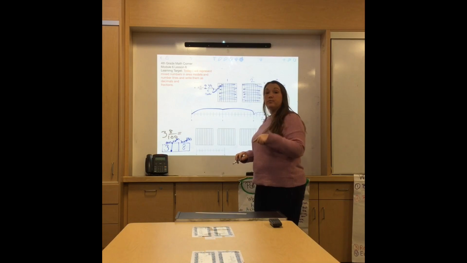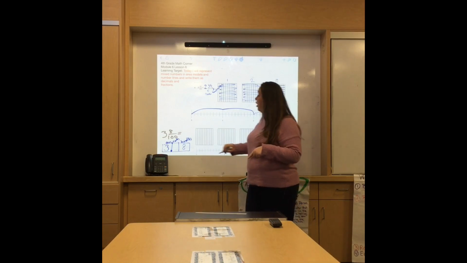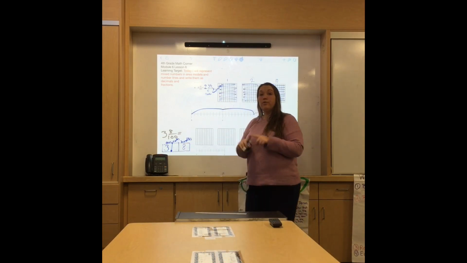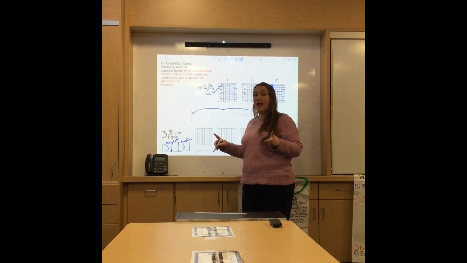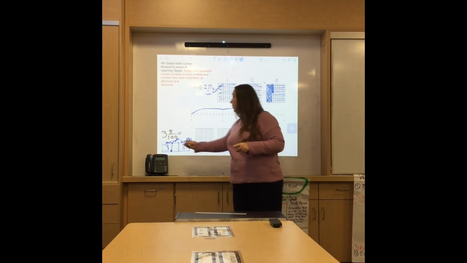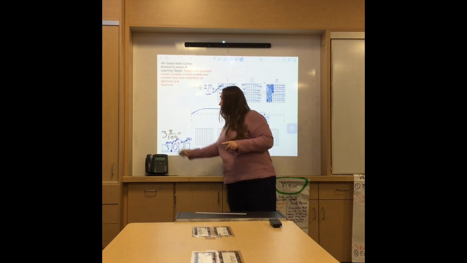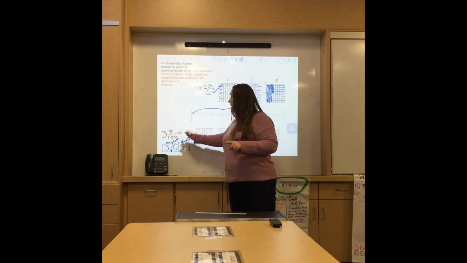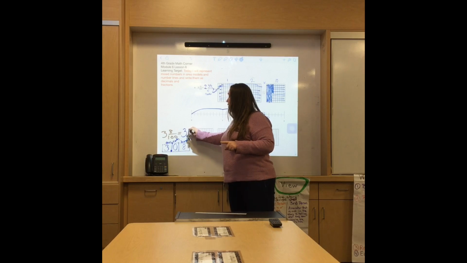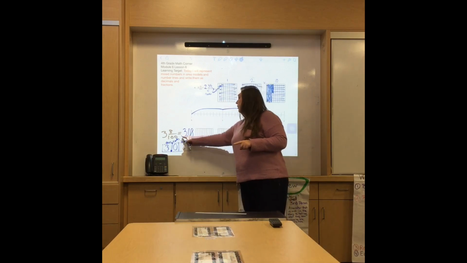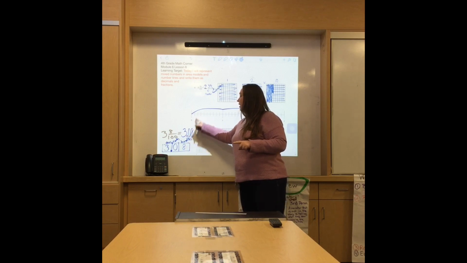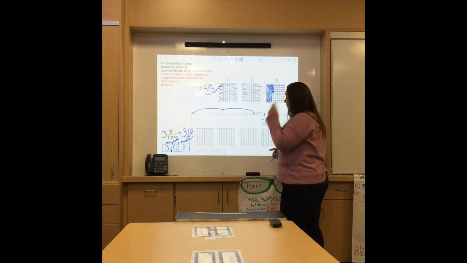And just as we learned earlier in the year, we have to have a placeholder for any place that doesn't have a number. Our placeholder is always 0. So I would write 3 and 8 hundredths as a decimal by going 3, no tenths, 8 hundredths. This would read 3 and 8 hundredths because it ends in the hundredths place.